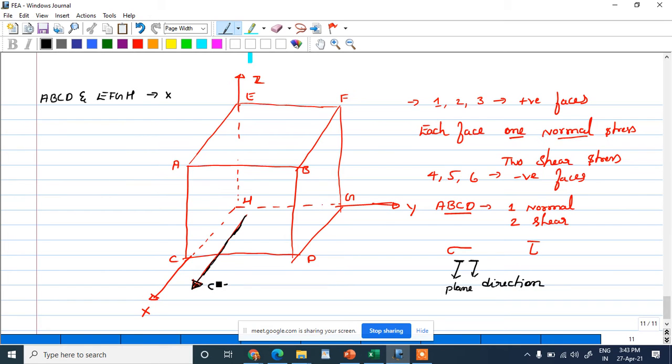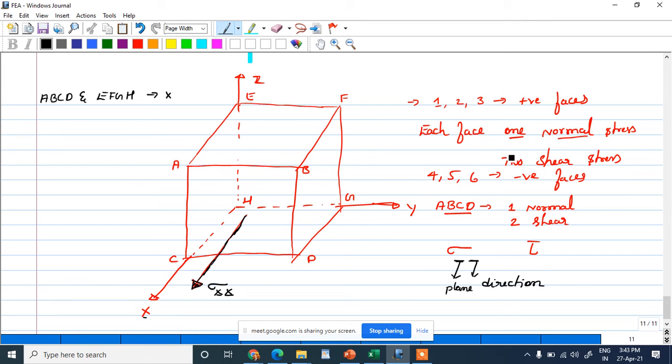Now students, can you tell me what the first suffix and the second suffix will be? You can enable your audio and let me know. Sigma XX, very good: the first X representing the plane and the second X representing the direction.